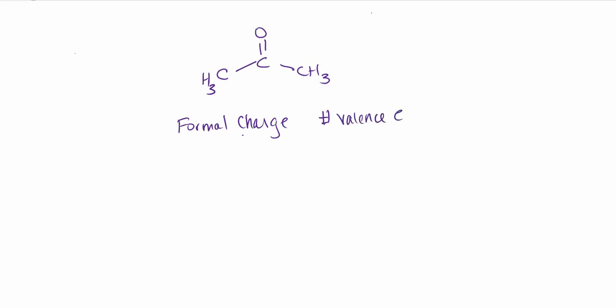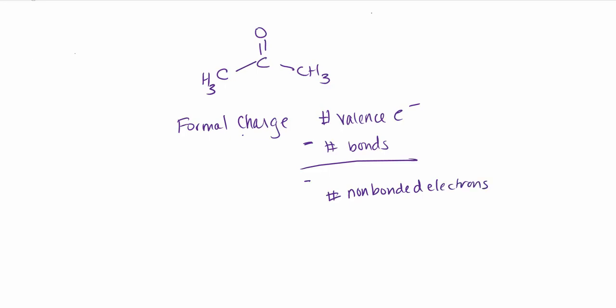Now, I'm also supposed to cover formal charge. And we don't use formal charge all that much, so I'm not going to dwell on it. But just as a brief recap, your formal charge is going to be the number of valence electrons, you subtract the number of bonds made with that atom, and then you subtract the number of non-bonded electrons.